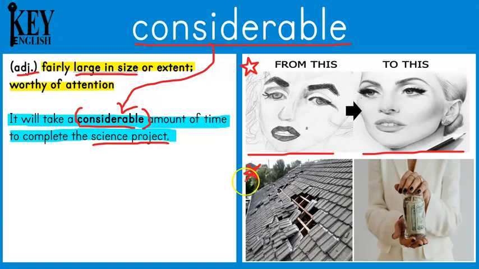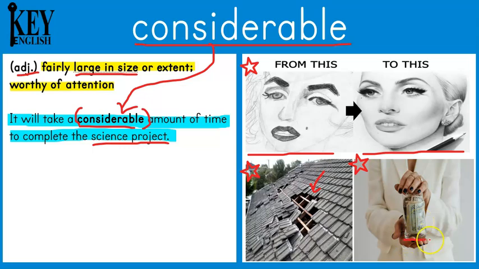Another example I could say is the storm caused considerable damage to the roof. If you look at this picture, the roof is not just a little bit damaged, it's very, very damaged. So it was a large amount of damage. That's why we can use the word considerable. Or here in this picture, I can say she saved a considerable amount of money for the trip.